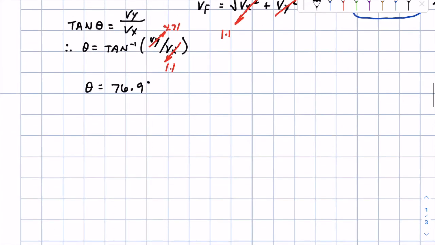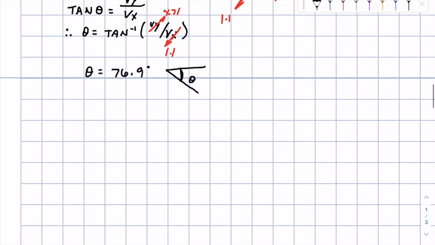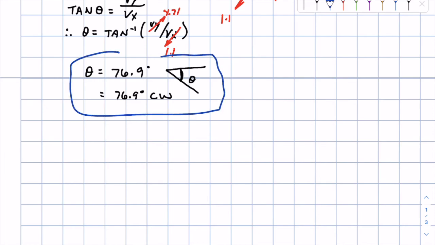And so we can either note that with this notation right here, right? Here's the horizontal, and we're defining it like so, 76.9, where that is theta. Or you can say it's equal to 76.9 degrees clockwise. Either of those are acceptable. And that's our answer for C.